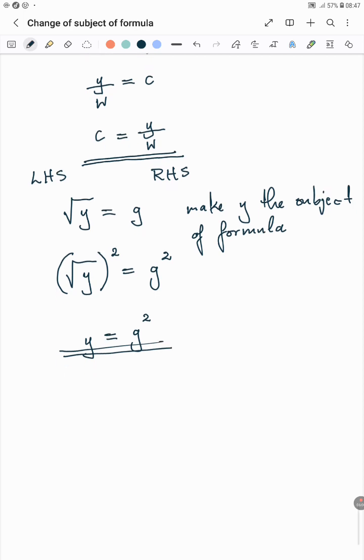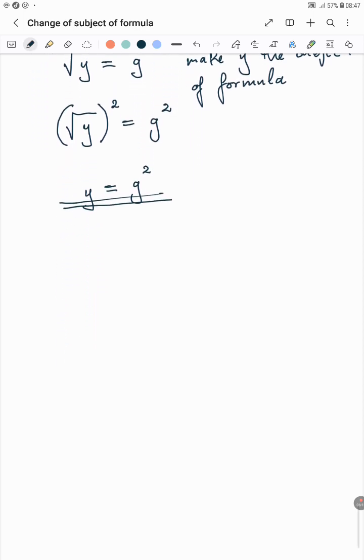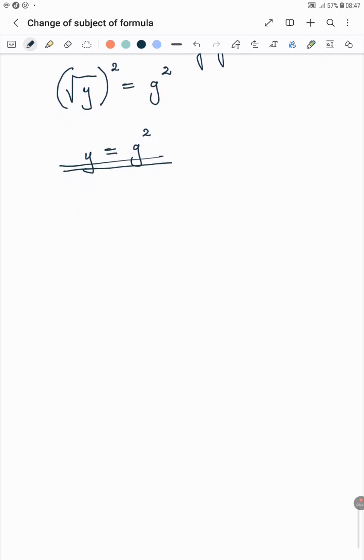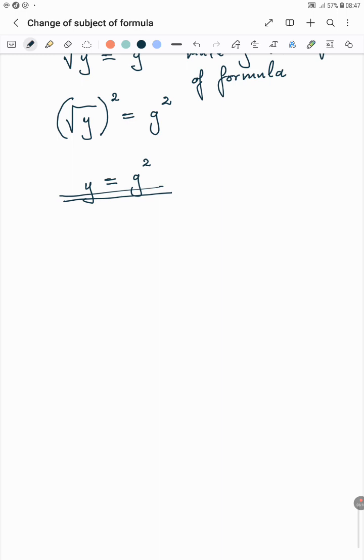So from what I have explained so far, you can see that it's not that difficult to answer these questions. You just have to move a letter one at a time and apply different concepts one at a time until you are left with your letter being expressed in terms of the other letters.